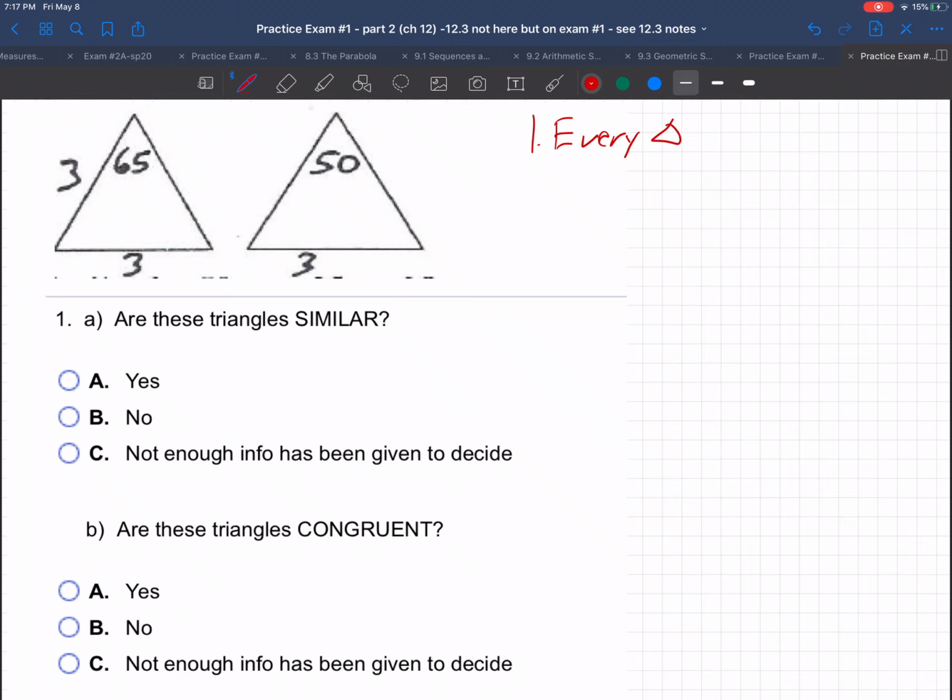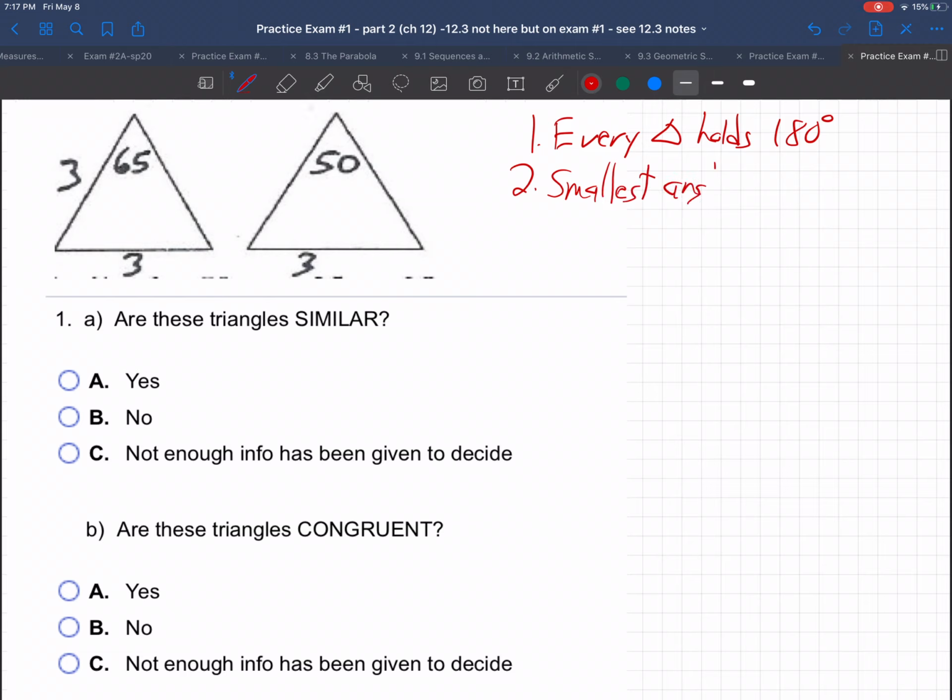Number one, every triangle holds 180 degrees. Step two, across from, well, here, let me make it smaller and simpler.